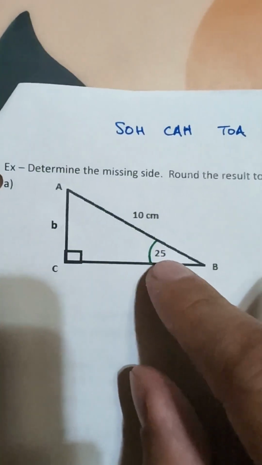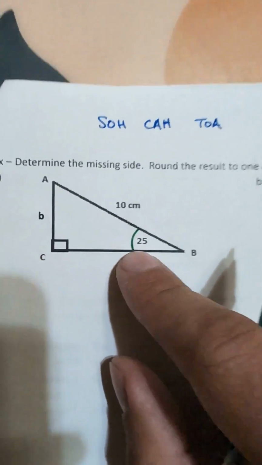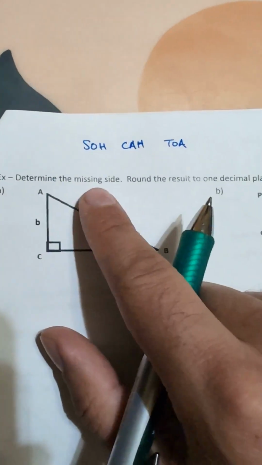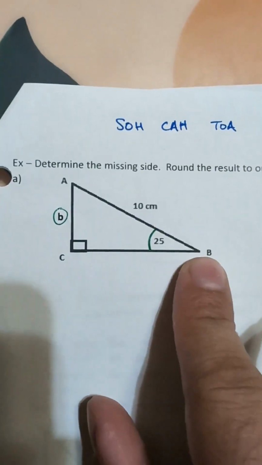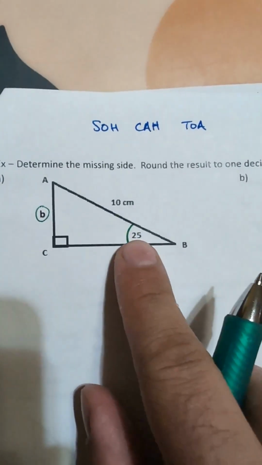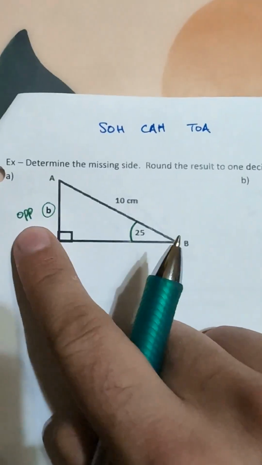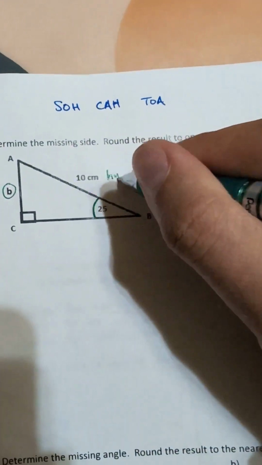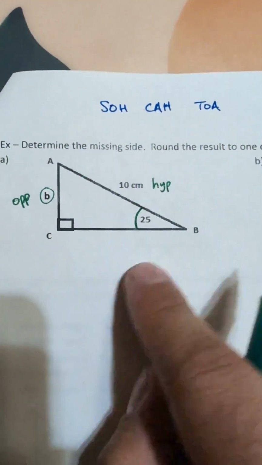So here, 25 degrees, that's going to be my reference angle. And this wants us to figure out what is the missing side. In that case, the missing side here is the b, the little b across from the big B. So it's across from this angle. That's our opposite side that we're trying to figure out. We already know the side across from the right angle, so that's our hypotenuse. And I don't need to know anything about the adjacent.